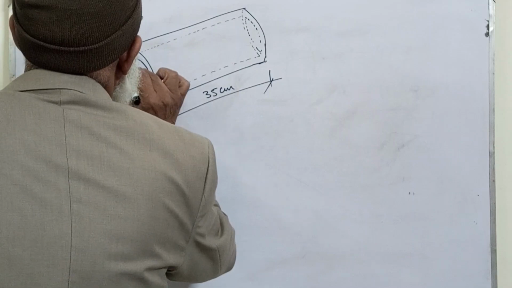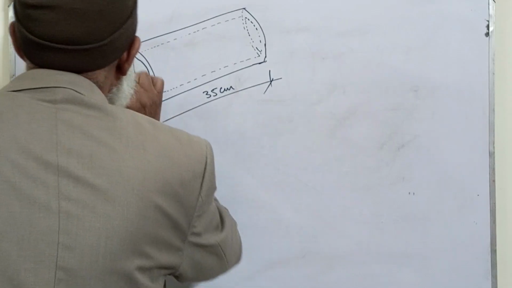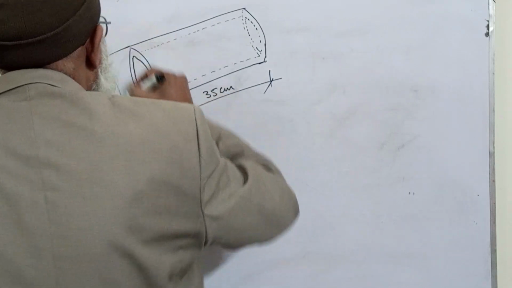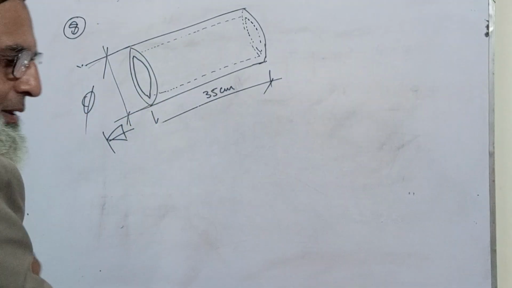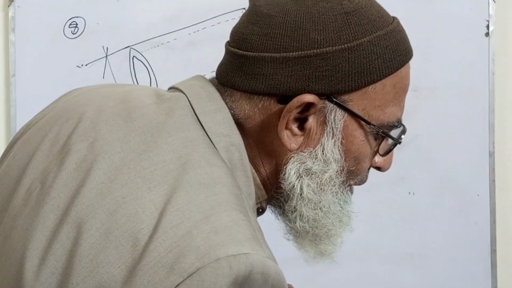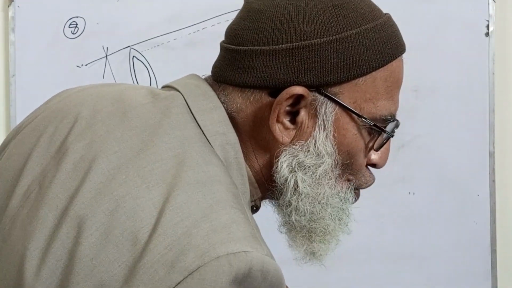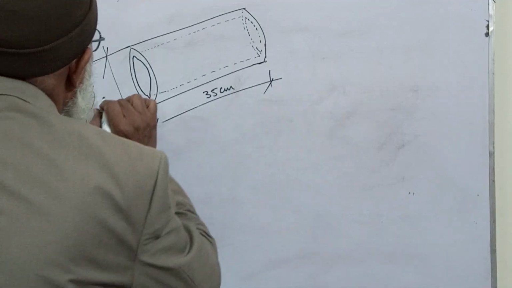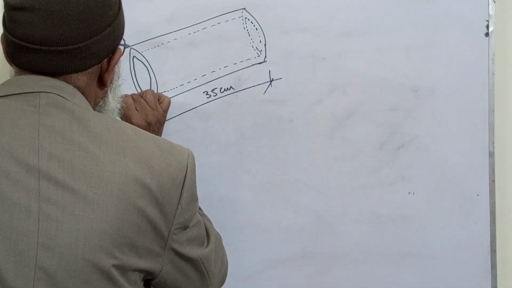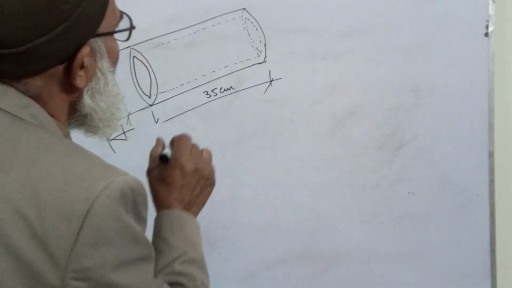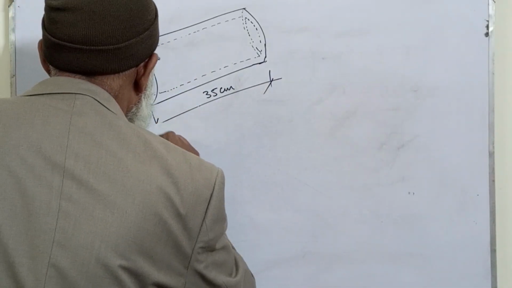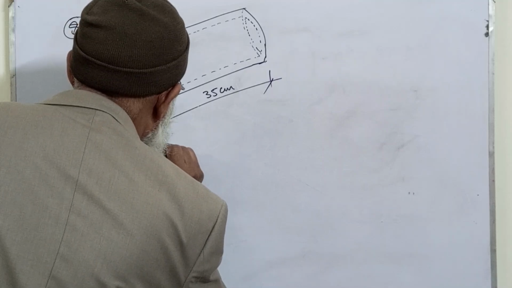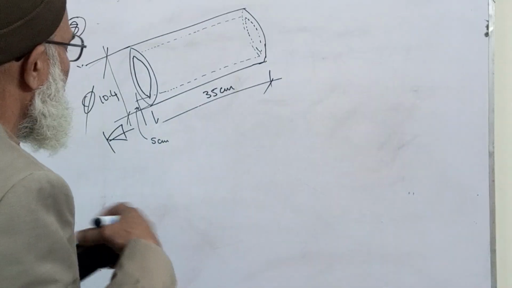Now this diameter is given. This is the exterior diameter. I told you that this is the sign of dia. Diameter is how much? 10.4 centimeter. And this part is 5 millimeter.